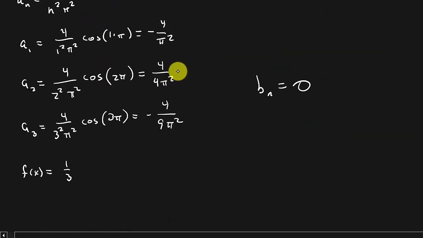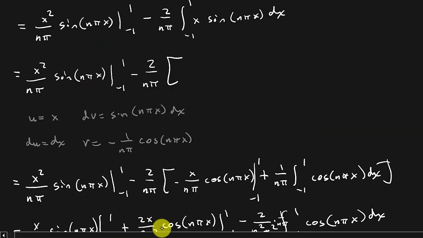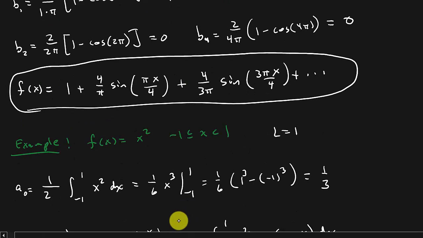And that's going to be minus 4 over pi squared times what? Now these are going to be cosine functions, right? And remember, L is 1. So what we're doing is we're plugging that into here.